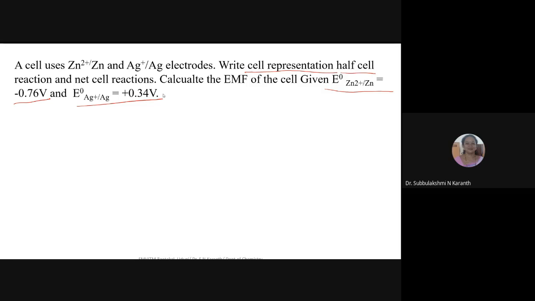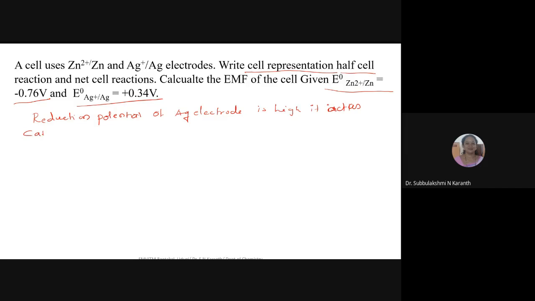The higher the reduction potential, the reduction potential of the Ag electrode is high, so it should act as cathode.